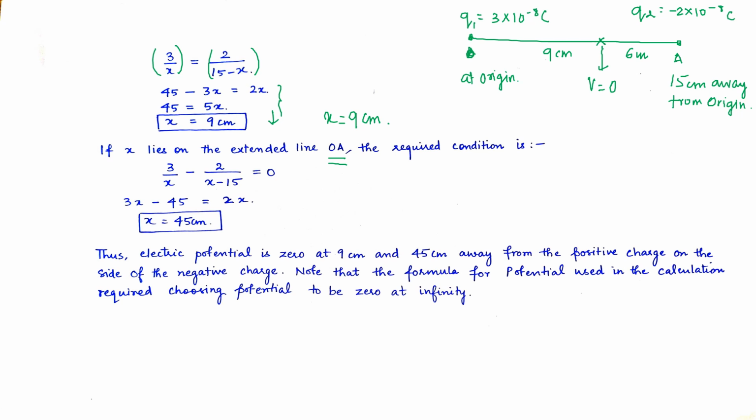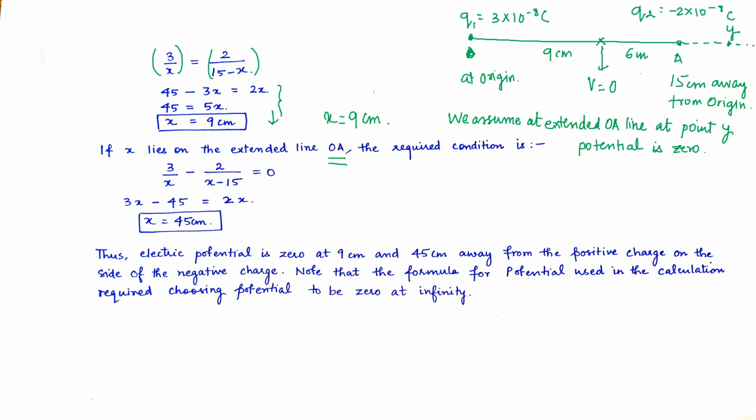Now if this line is extended, at this particular point, at point Y, we will find the voltage. We assume that at the extended OA line, at point Y, potential is 0.